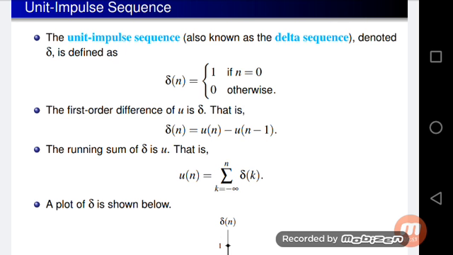The running sum of delta is u, that is u of n equal to summation of k equal to minus infinity to n delta of k. A plot of delta is below.